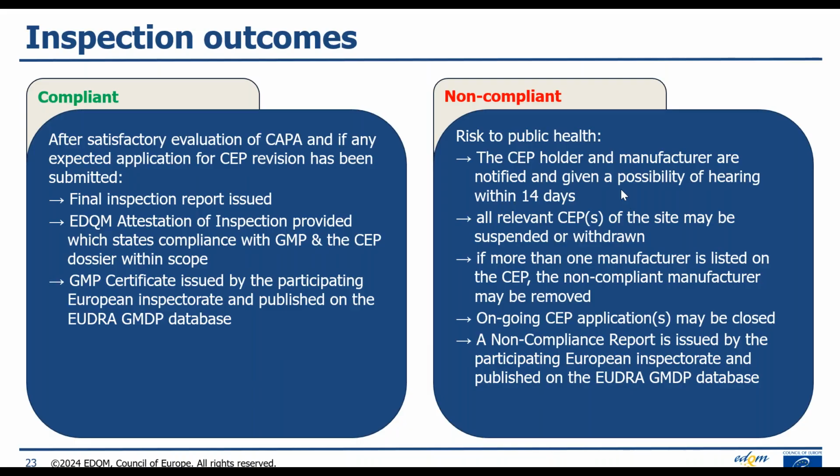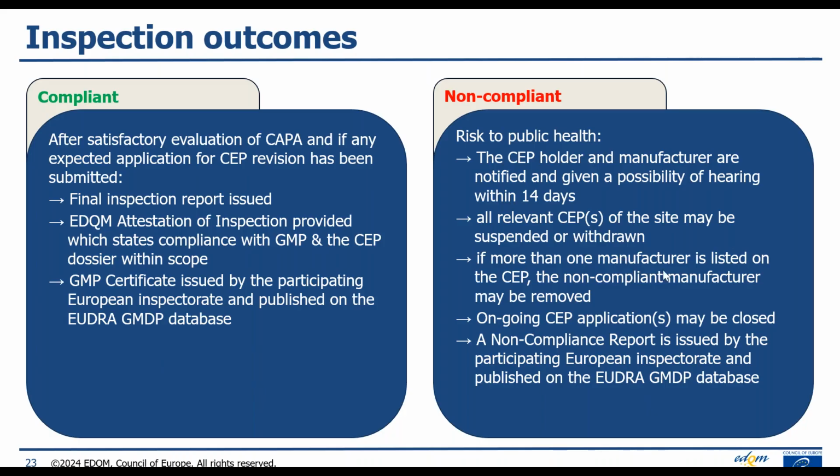Then for non-compliant outcomes, as I mentioned, this would be where we determine that there's a risk to public health. So the CEP holder and the manufacturer are notified of this decision, and they're given the possibility of a hearing within 14 days of communication of this decision. All relevant CEPs of the site may be suspended or withdrawn.